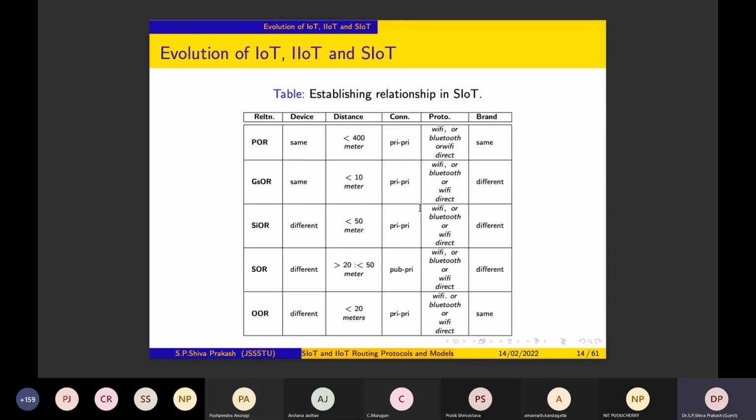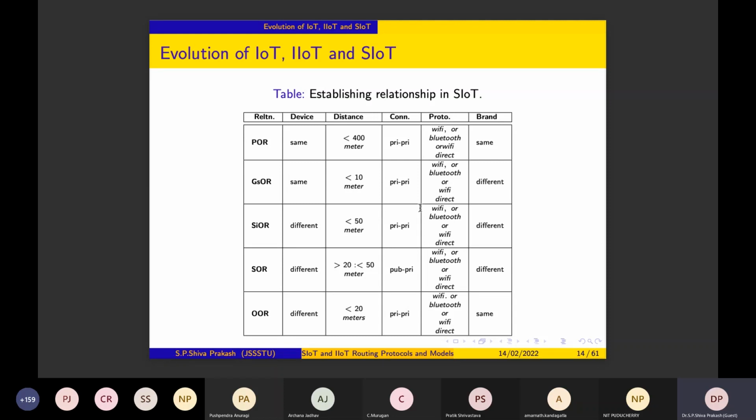This is what we have come up with. The existing work had something around 5 relationship conditions, and based on some experimentation, we came up with these criteria or constraints.